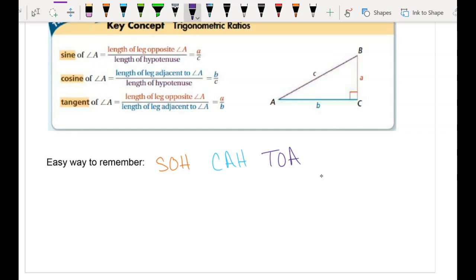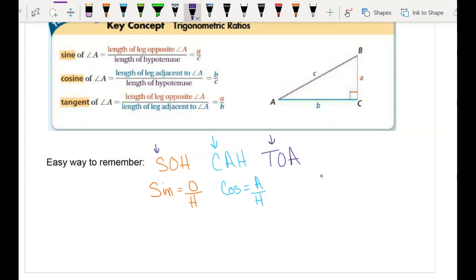S, sine, is opposite over hypotenuse. Ka, cosine, is equal to adjacent over hypotenuse.